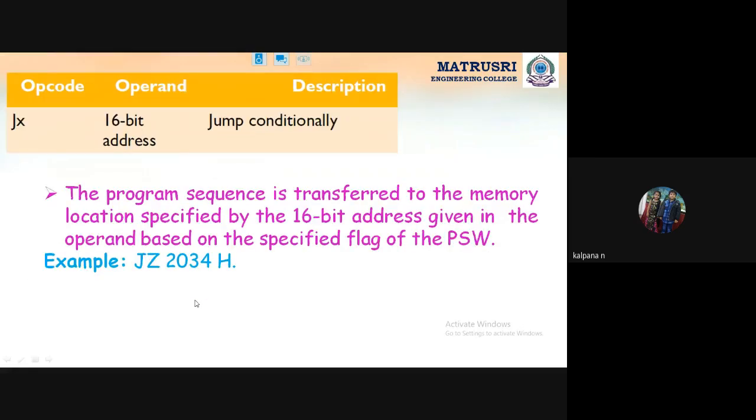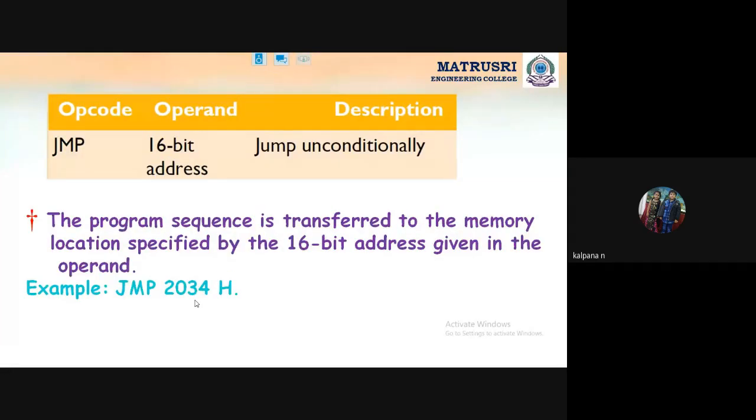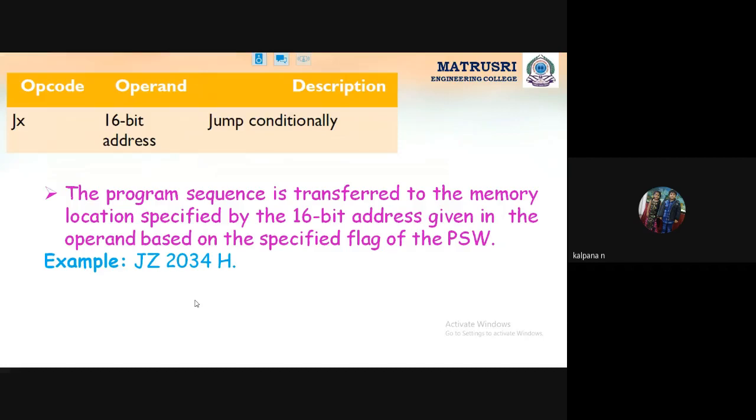This is the JMP unconditional jump instruction. Example: JMP 2034H. Next, JX, the conditional jumps. The operation is the same here also: it will change the sequence of the program.